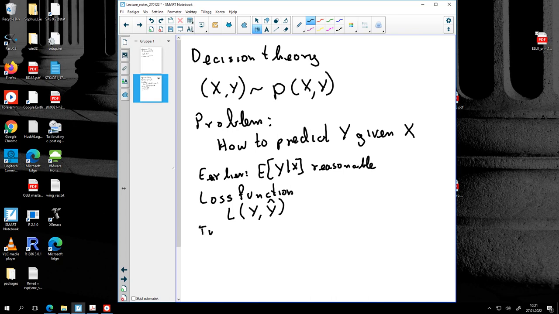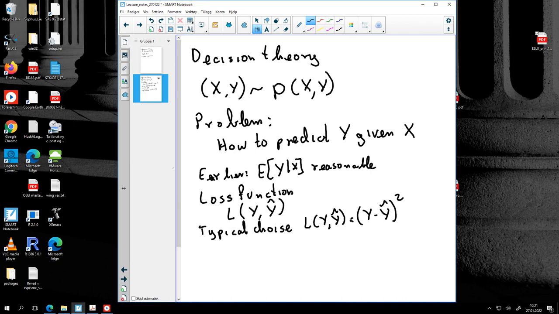A typical choice is to say that this loss function is (y minus y hat) squared. That would correspond to a squared loss, which is typically what people choose, partly because it's mathematically convenient, but also because it's a reasonable choice.